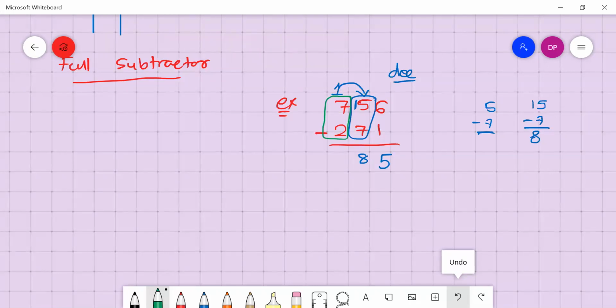Will you do 7 minus 2? Will it give the correct answer? No, we have to take care of the borrow that was given in the previous subtraction. So what we have to do is either subtract this borrow 1 from 7, or add this 1 to this 2.